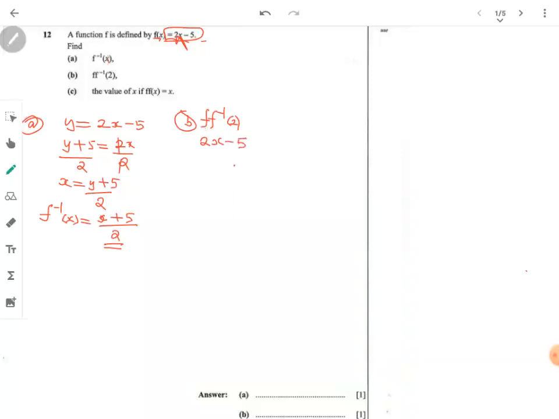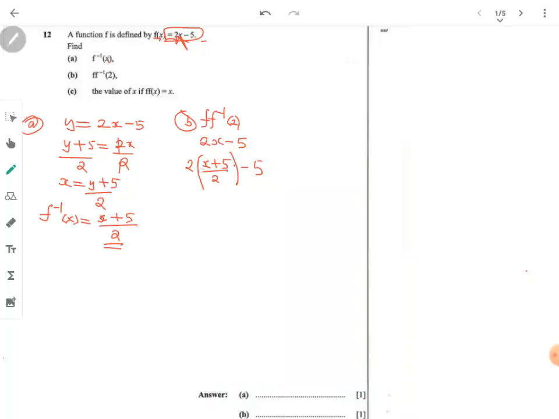Now listen clearly, this is f, is what I've written here. Now in this same f, where there's x, I need to put the inverse of this. So where there's x, I'll put this inverse which I found here. So I'll say 2, open brackets, x plus 5 by 2 minus 5. I have just replaced x with the inverse of the same function.